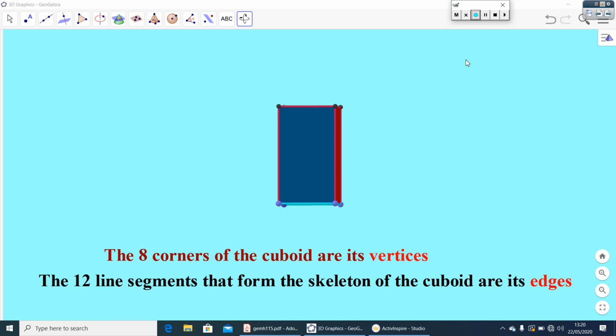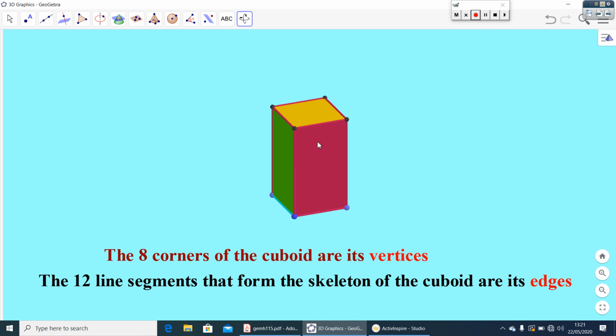Now look at the flat surfaces. Here it is 1, then 2, then 3, 4, 5, 6. There are 6 flat surfaces. These flat surfaces we can call faces of the cuboid.